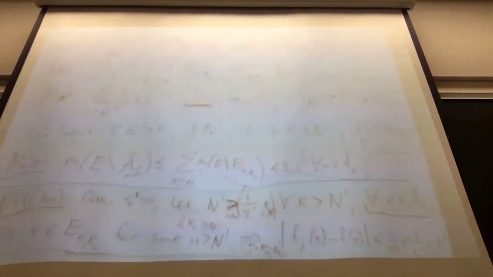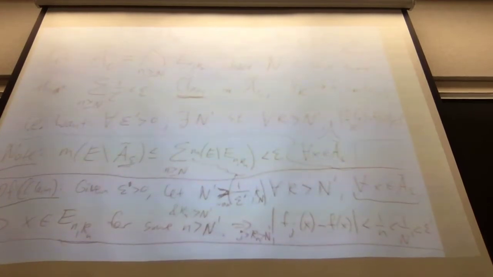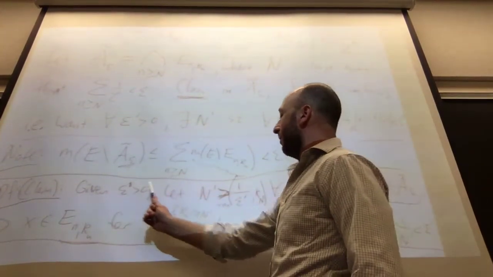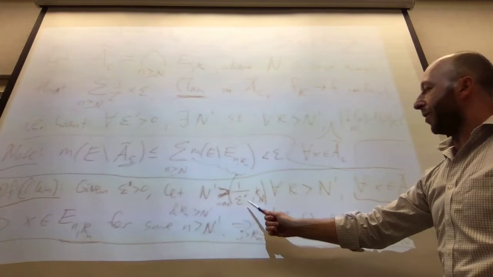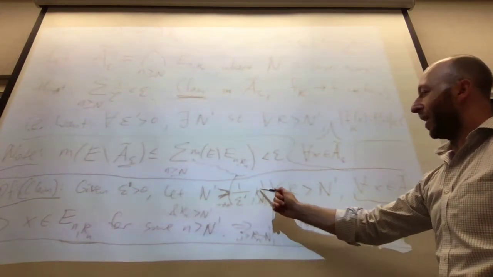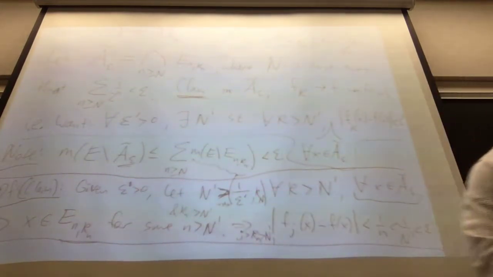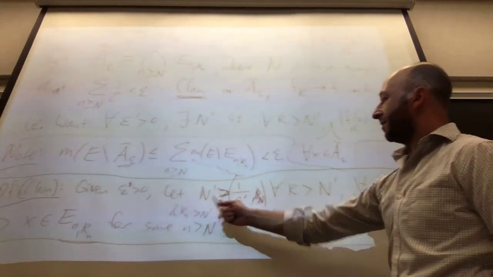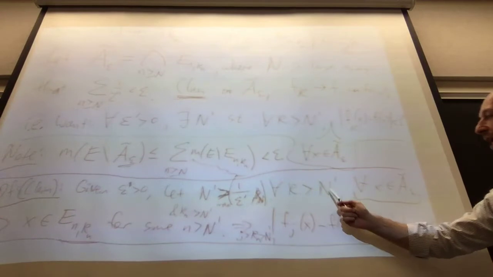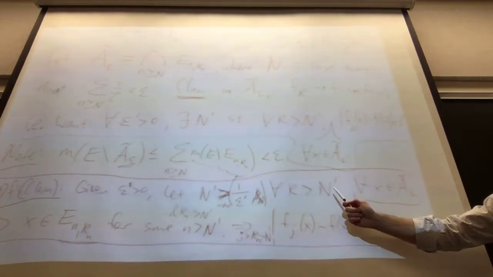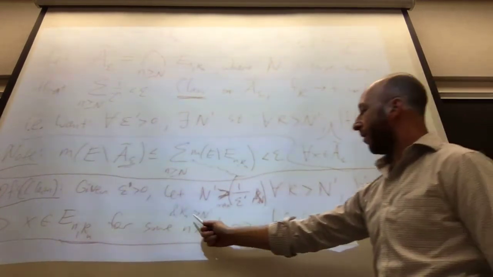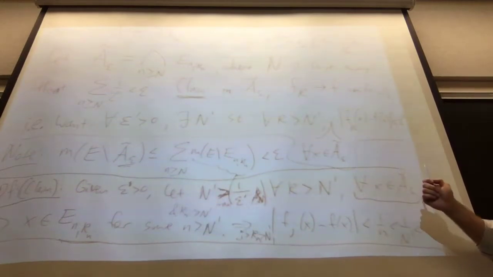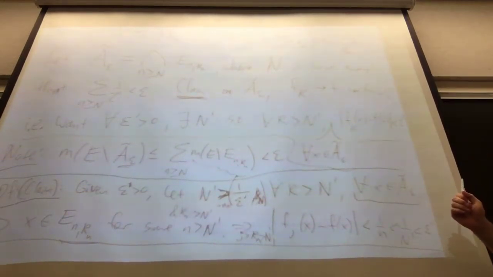Okay, are we clear on this? Let's go over the proof one more time. So you give me some epsilon prime. I let n prime be bigger than, well, I don't even know that these k_n are monotonic. I don't think I need this. Take just 1 over epsilon prime. For every k greater than n prime, n prime is fixed now. N prime is of size 1 over epsilon prime.